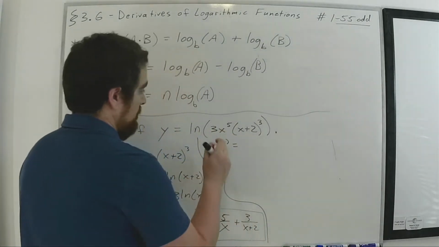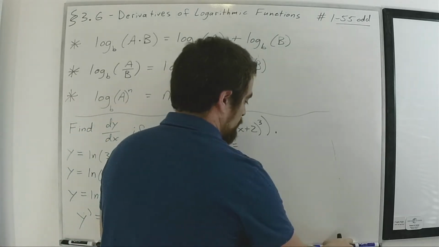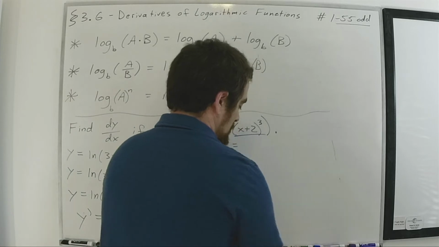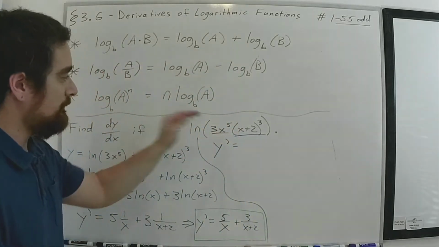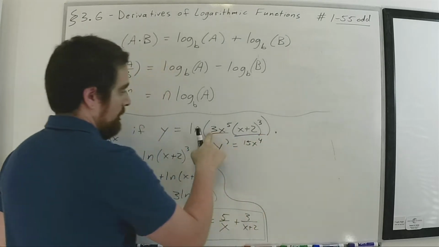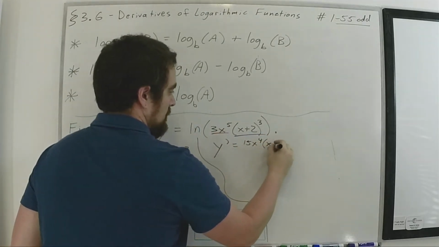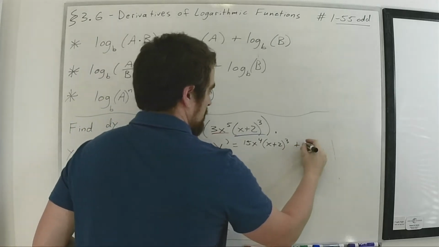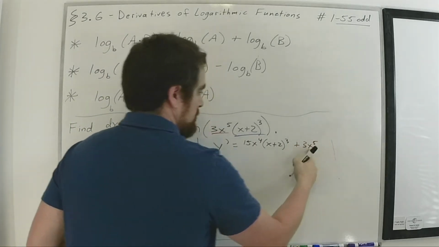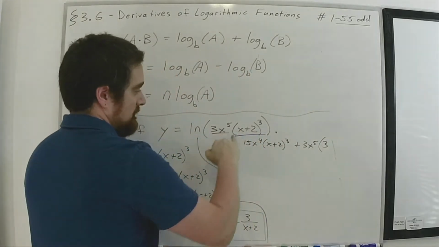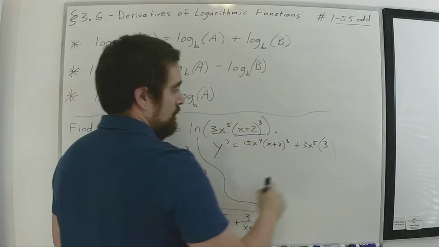Now be careful, again, there's a function multiplied by a function. So you have to use product rule, which means the derivative of the inside is going to be 15x to the fourth. I differentiate the first function, copy and paste the second function, product rule gets a plus. I keep the first function, I differentiate the second function, which means chain rule, because it is a linear function composed with a cube function.